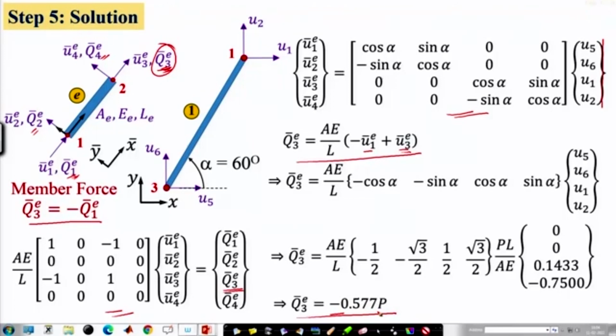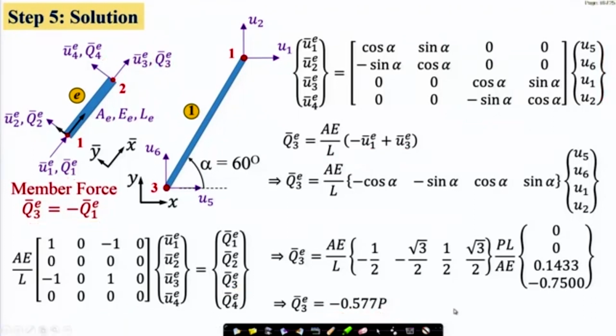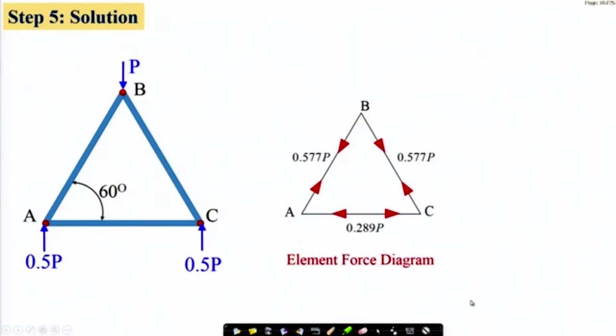A similar exercise we can do for the other 2 elements to find the forces in those elements as well. If we do this, these will be more or less our member forces. These are the reactions, the displacements we have already determined, and these will be the member forces.